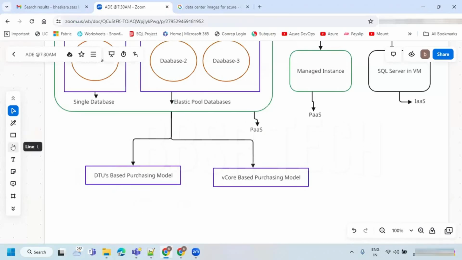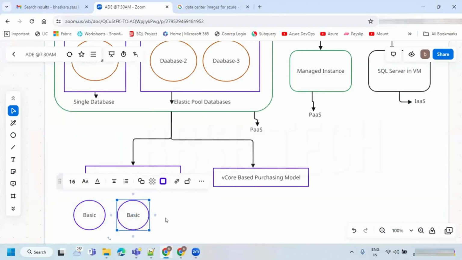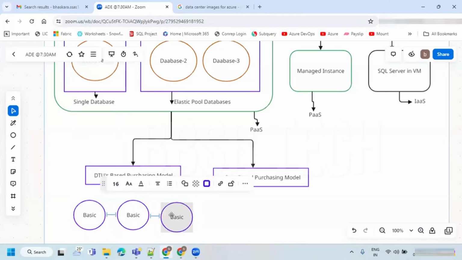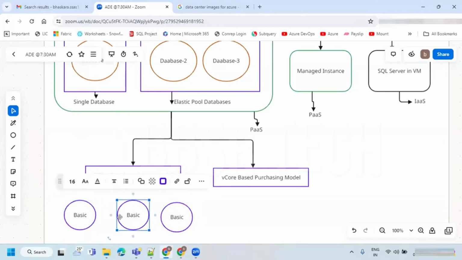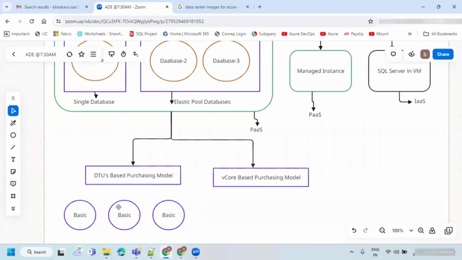One here, in this particular case, is basic. So I have the basic pricing tier, and I'll talk about when you can go for the basic. So two different types of purchasing models and three different types of pricing tiers.